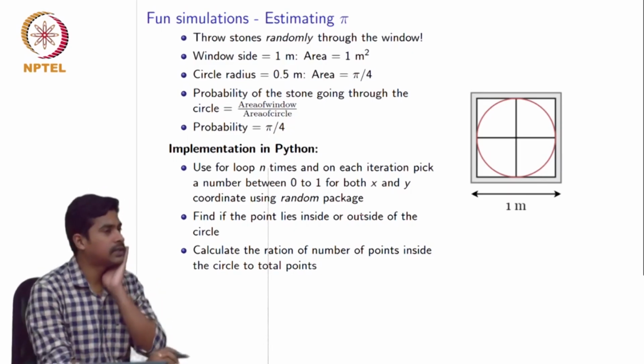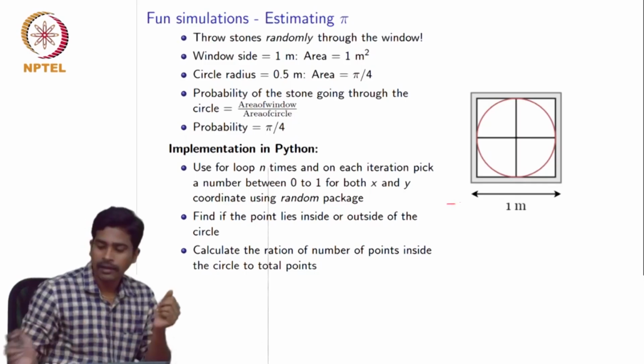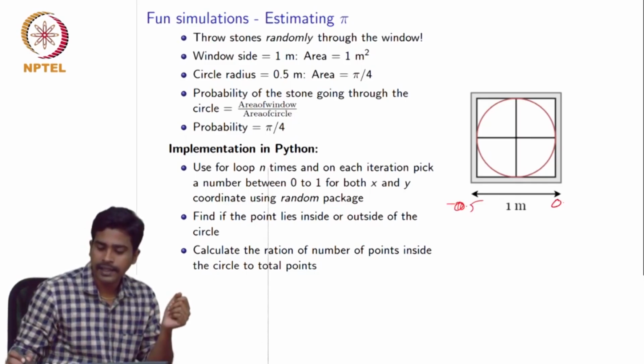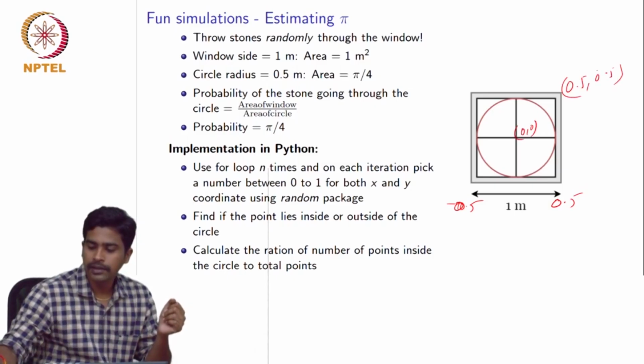Here we are picking some random numbers. Let's say this is 0.5 and this is 0.5, this is 0 comma 0, this is 0.5 comma 0.5, and so on.